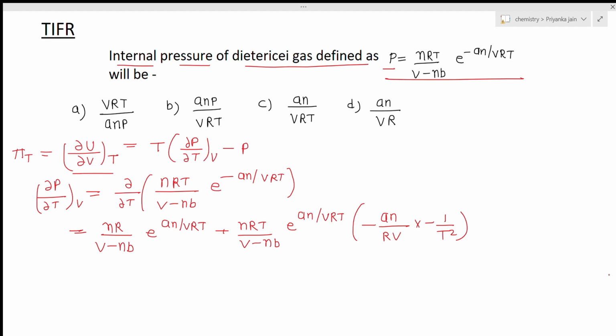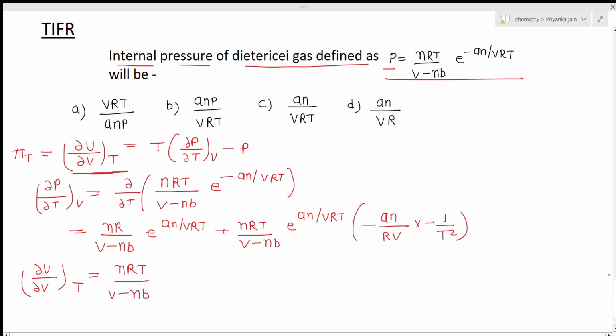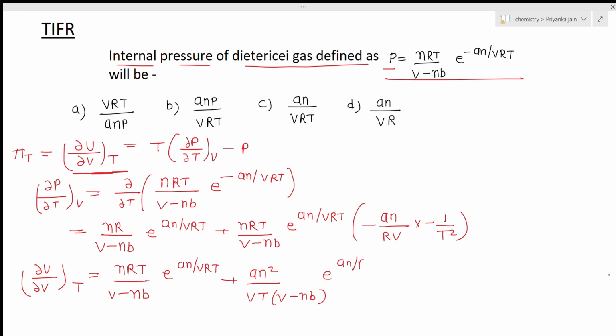Now put this value in this equation. So we are getting del U upon del V at constant temperature is equal to nRT upon V minus nb e to power minus a n upon V R T plus a n square upon V T (V minus nb) exponent of minus a n upon R T V into T, minus, put here the value of the pressure, nRT upon V minus nb e to power minus a n upon R T.